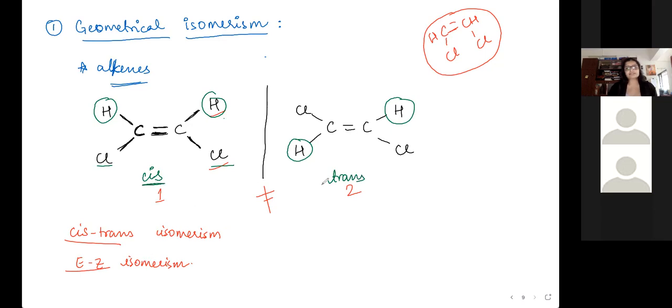And the names cis and trans are used as prefixes. So another example I can give you is cis-2-butene, and there's something called trans-2-butene.